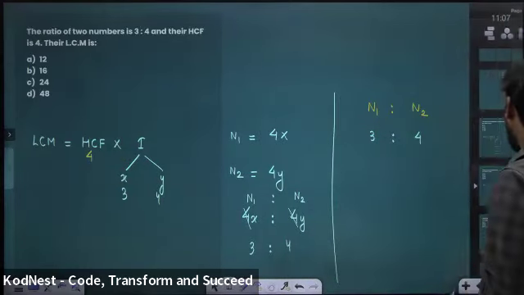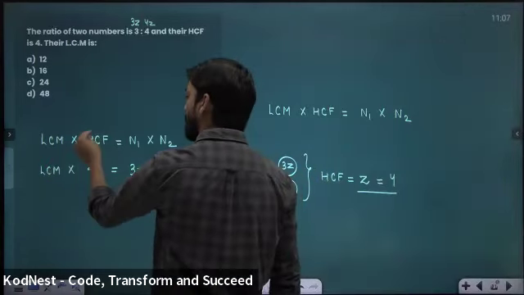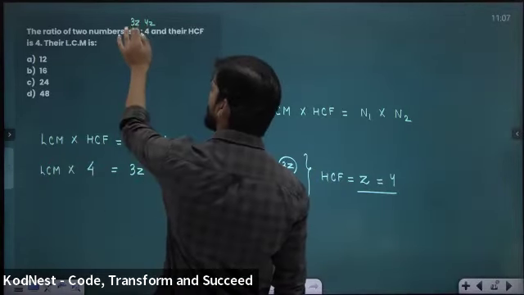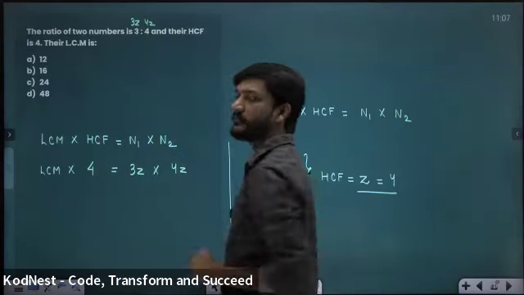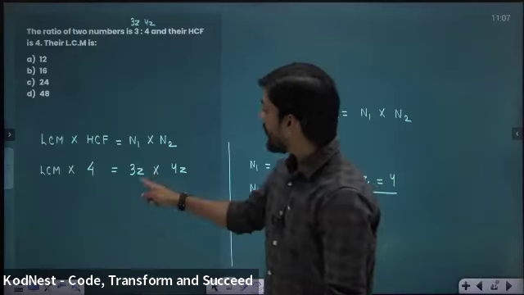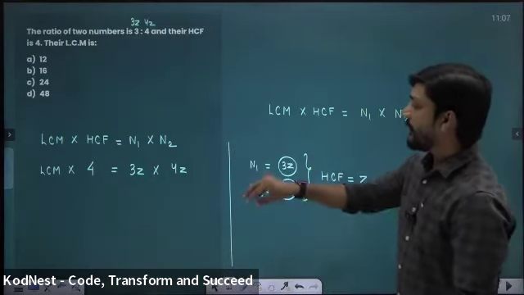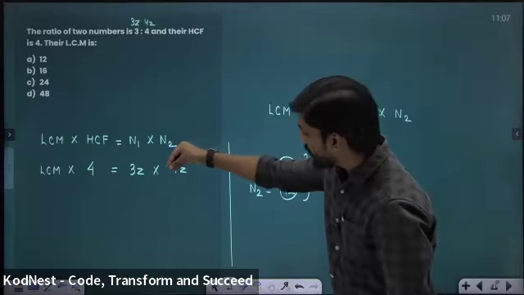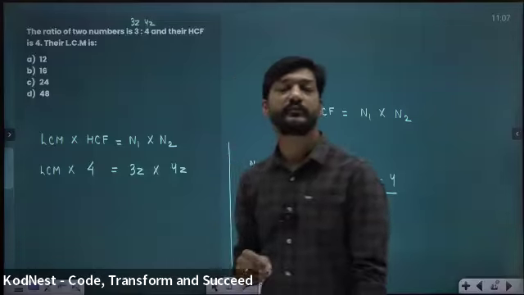Okay, third approach. LCM not given. HCF 4. Ratio is 3:4, so 3Z and 4Z. Okay, useless, because I don't know Z, I don't know LCM. That's why useless. So if I want to solve something out of this, either I want the Z value or I want the LCM value.